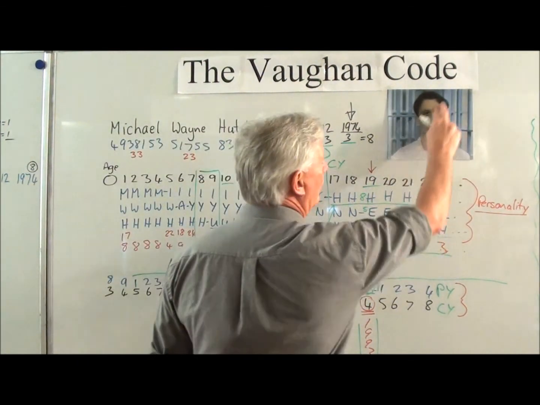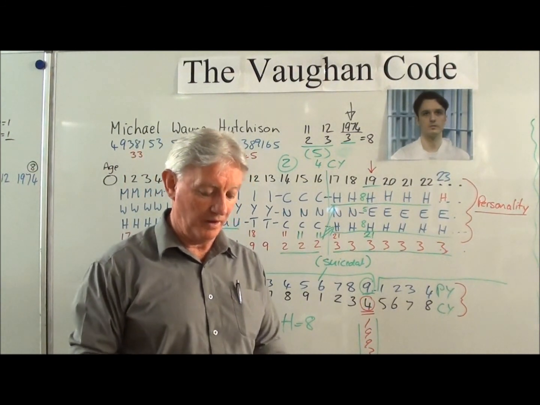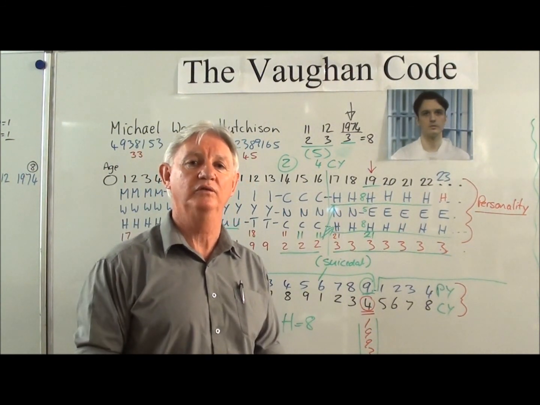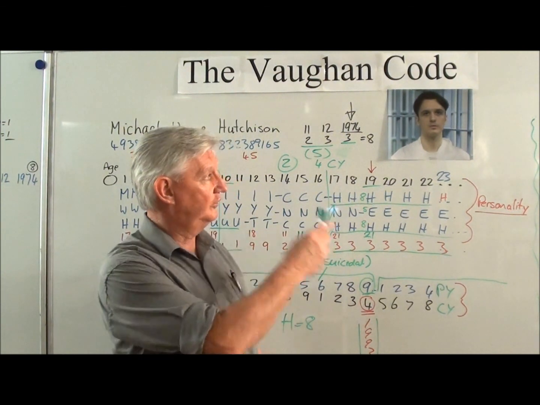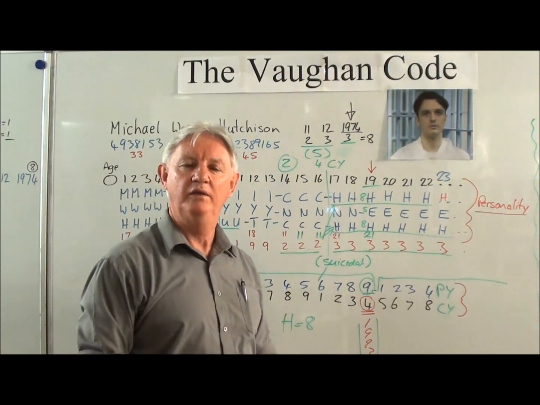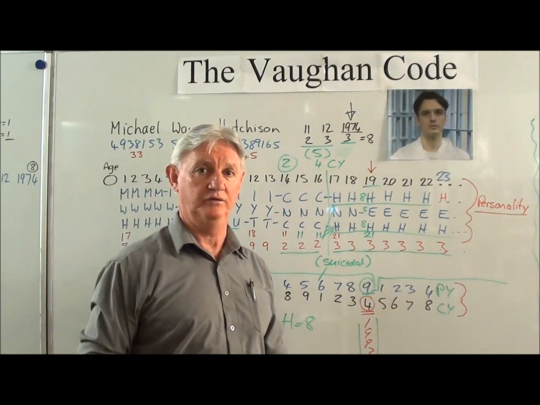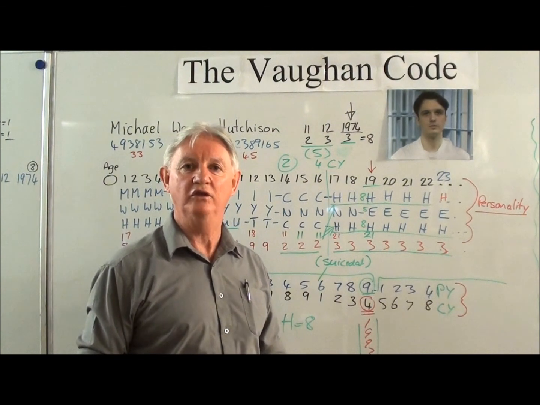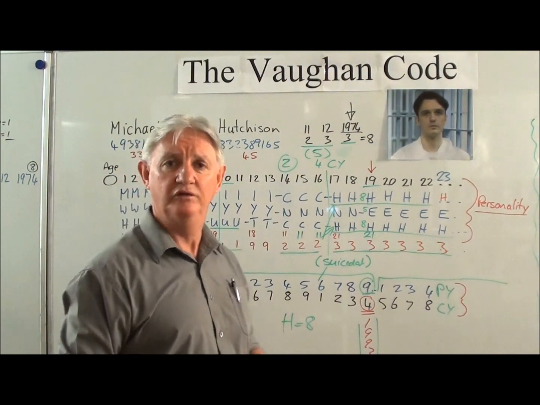Because this guy had long locks, anyone who has long hair is sometimes considered by an older generation as being a person who is a wee bit weird. Well, for most Christians, of which the society was, or the township that he came from, or was in at that time, most of them were Christians. Now the word Christians and Jesus all add up to this number 11. Jesus had long hair.